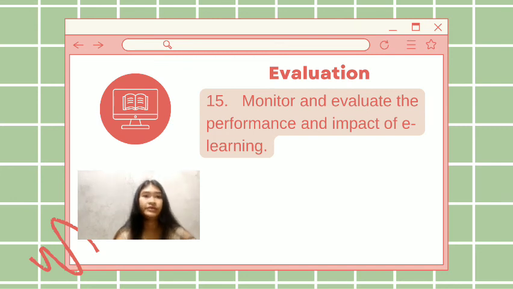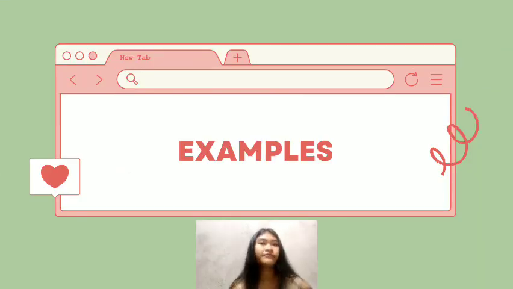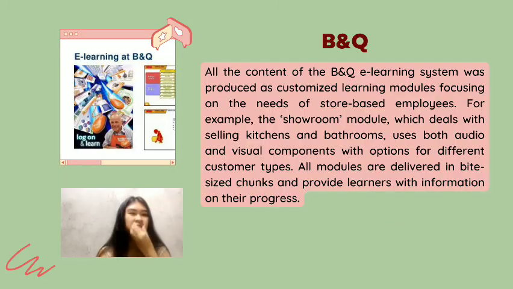So the examples of e-learning are B&Q, Black & Decker, Prudential Financial, and Unilever. So in B&Q, all the content of the B&Q e-learning system was produced as customized learning modules, focusing on the needs of store-based employees.